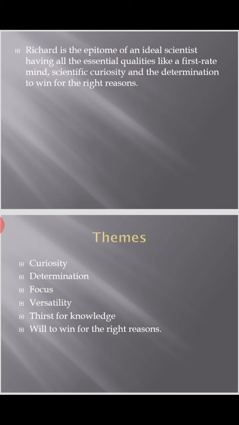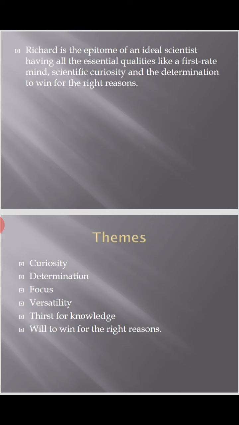Only then you can become the best in whatever you do. So this was regarding Richard Ebright. I gave you these maximum points that you can include to write his character sketch. If you develop these points, you can write a full-fledged answer on character sketch.